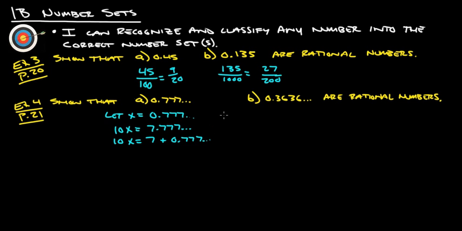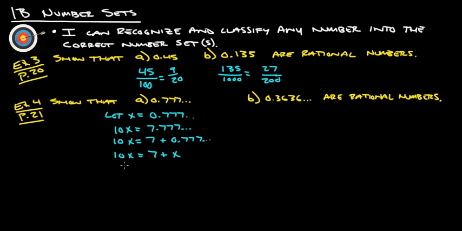We know from originally that x equals 0.777, so I'm going to replace this 0.777 with an x here. Now we have 10x equals 7 plus x. Now we can subtract x from both sides.